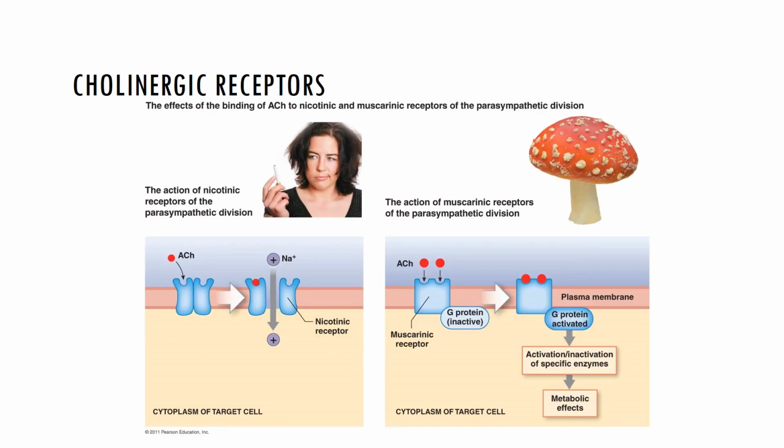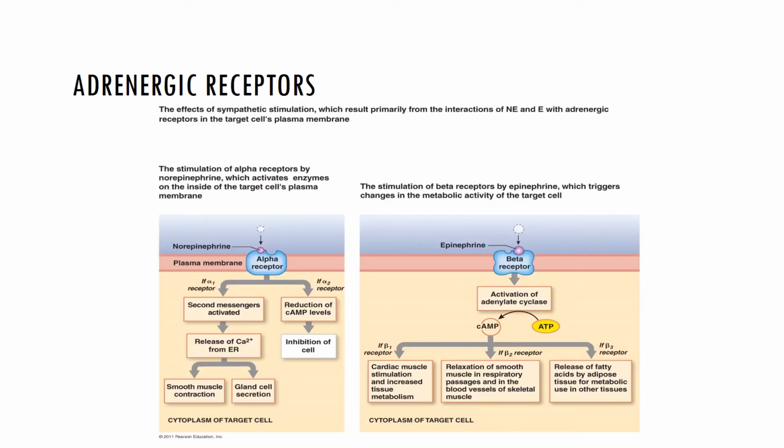Again, the cholinergic are named because of drugs that bind to and mimic their response. So you have the nicotinic versus the muscarinic. The nicotinic acting like nicotine and muscarinic acting like toxin from mushrooms. And the adrenergic receptors, alpha and beta, which also have further subtypes shown on the next slide.